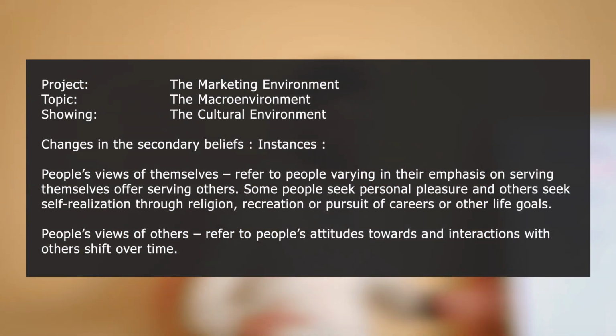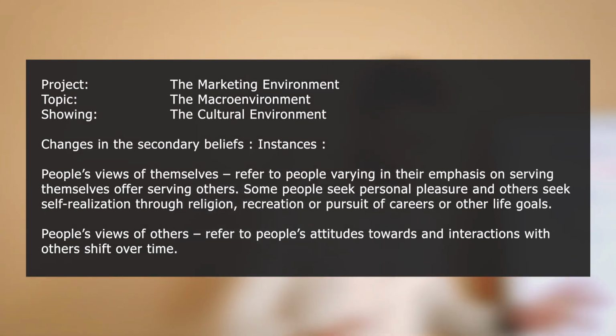People's views of others refers to the people's attitudes towards and interactions with others shifts over time. A very popular concern of the marketeers, and not only, is the way we interact and communicate right now in the era of the internet, because this has shifted our concern of meeting face to face to talking in the era of internet, so by socializing apps, which is always influencing the values and the beliefs you have about interactions with other people.